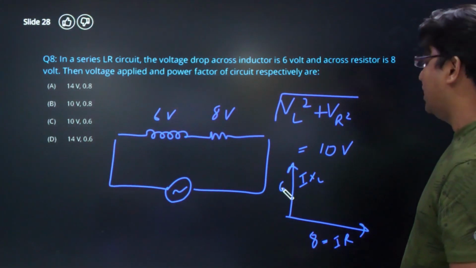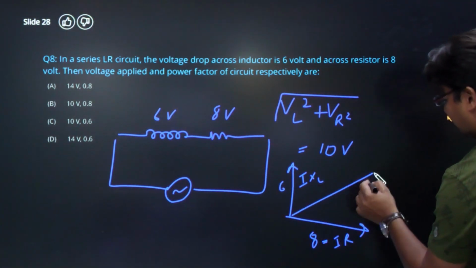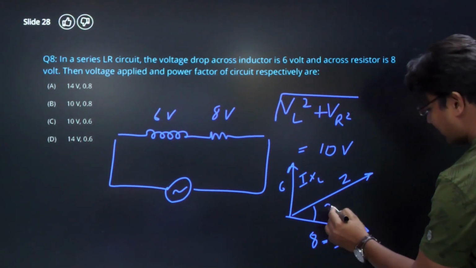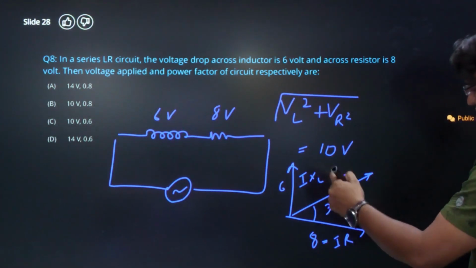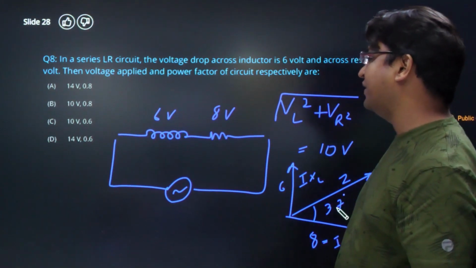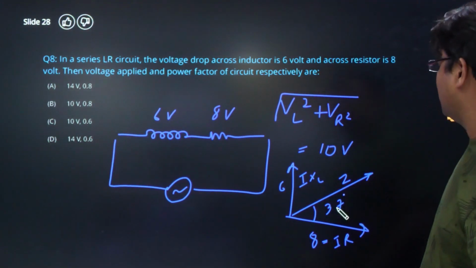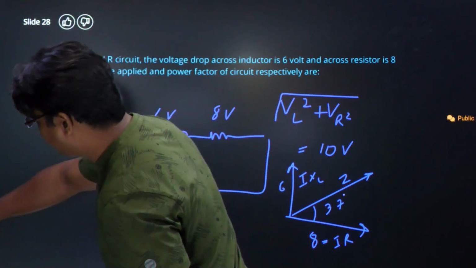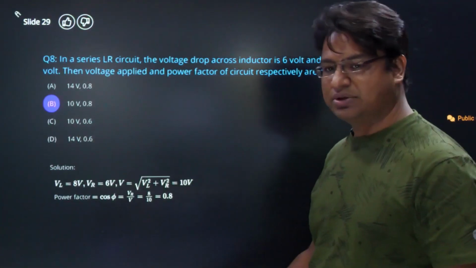So the angle that Z will make is 37 degree. So cos 37 is 4 by 5, so 0.8. So 10 and 0.8. So option B looks to be the correct one.